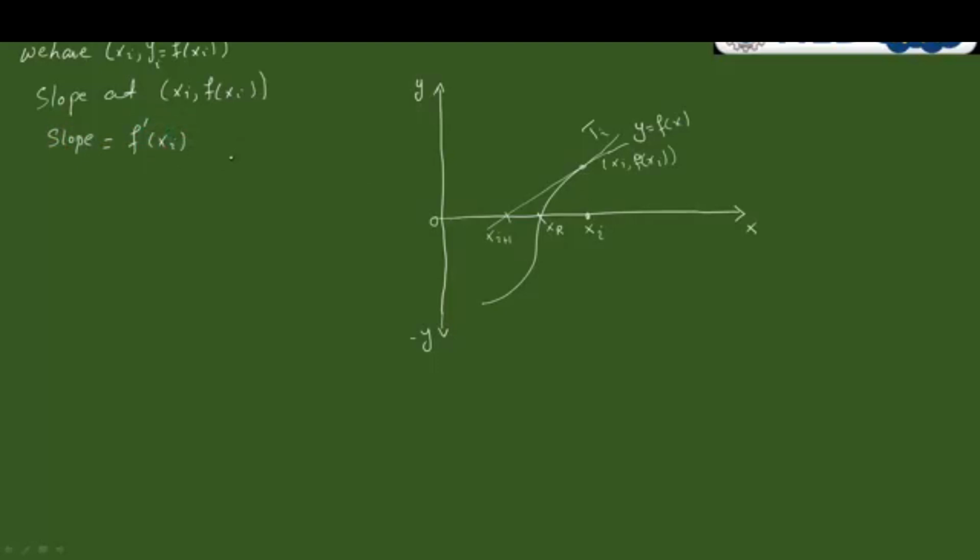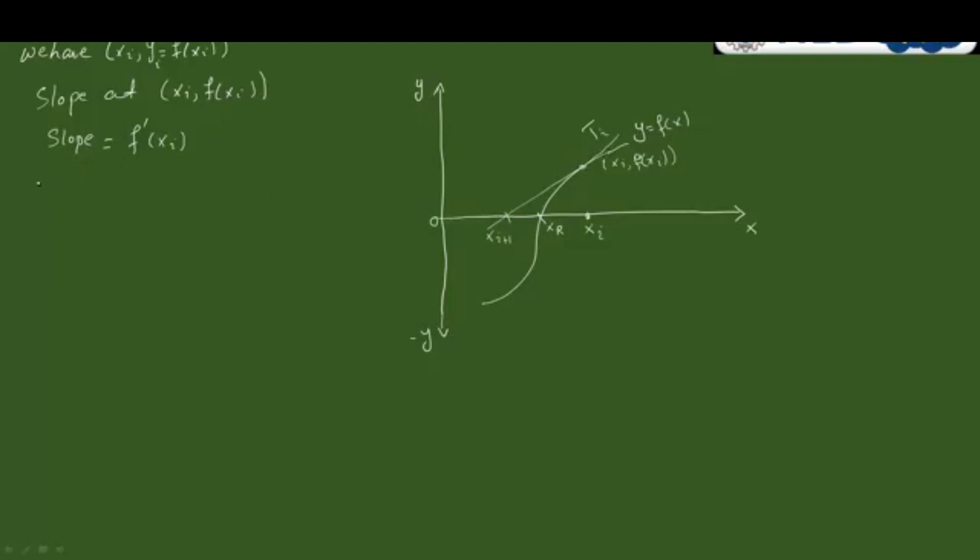Now we have one point on the line, and the slope of the line as well, because the slope of the line remains constant. At this point, whatever the slope of the line is, the function has the same slope as a tangent. So now this is the slope of the line, and this is one point that lies on the line, so we can apply the slope point form to get the equation, and we all know the equation will be defined like that for any point on the x-axis.